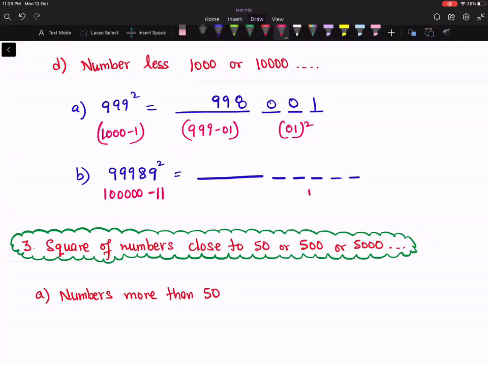So these 5 digits will be 11 square and leftmost will be guided by 99989 minus 11. Original number minus whatever it is deficient from 100000. So my answer is 99978. 121 is here and the remaining digits are 00. That's the square of 99989.